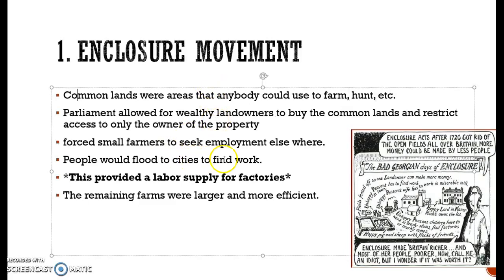And the key here that I want you to get from the enclosure movement is that this is going to provide a workforce for factories. Because these farmers, all they've ever known, their parents farmed, and their parents' parents farmed, and probably on that land, they probably got that land passed down to them generationally. But now all of a sudden it's taken away from them. So now they've got to go and find work.